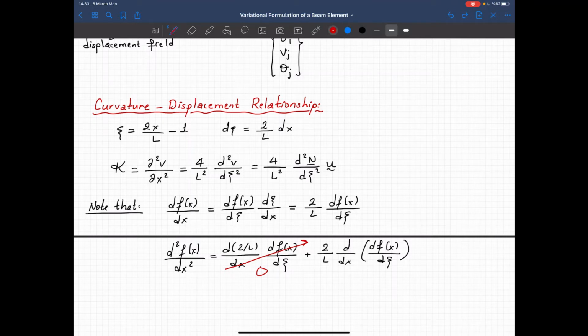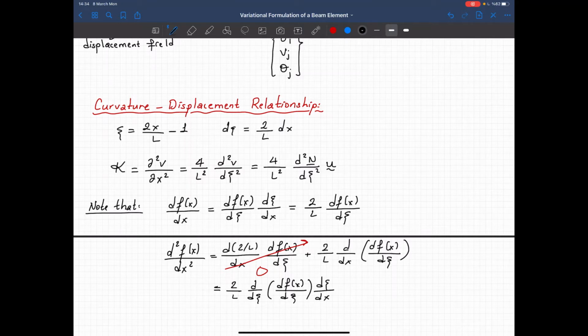We already know that d over dx of this expression is equal to 2 over L d over d psi. I'm using the chain rule for d over dx: d f of x over d psi multiplied by d psi over dx.